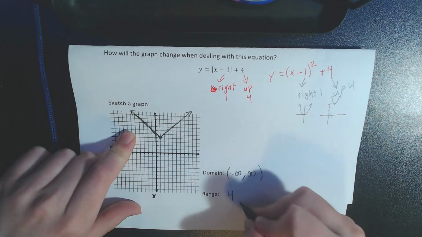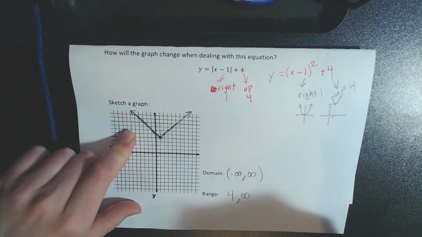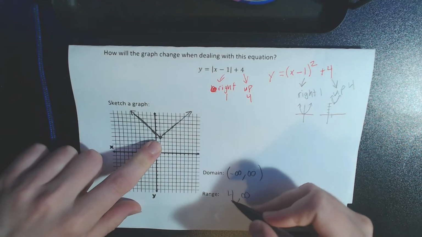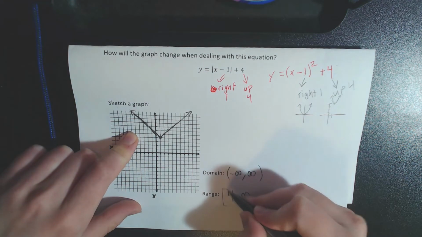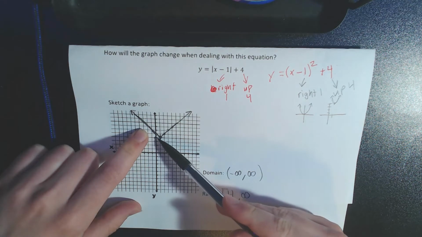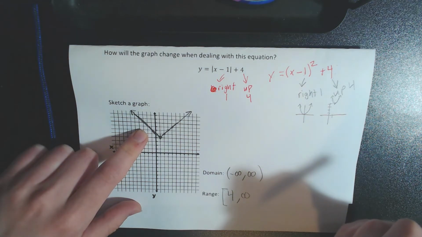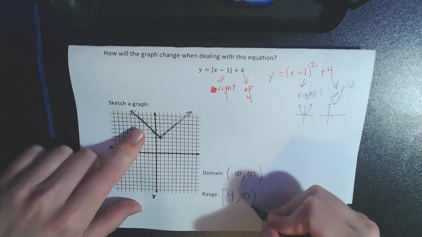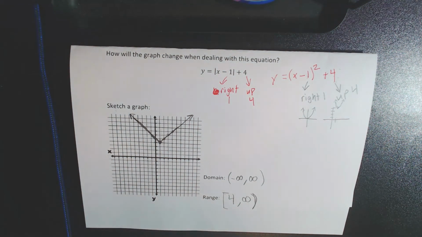So from 4 to infinity is the range. Those are the y values that we're using. We are including 4 because it starts out at 4, so there is a point with 4, and then it goes off to infinity. We don't include infinity. Okay, so that's our domain and range of this function.